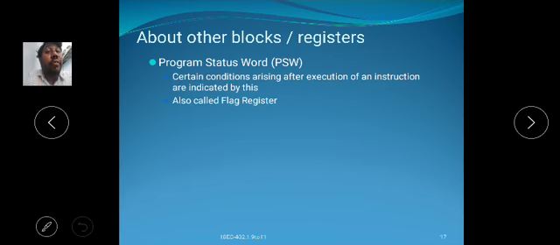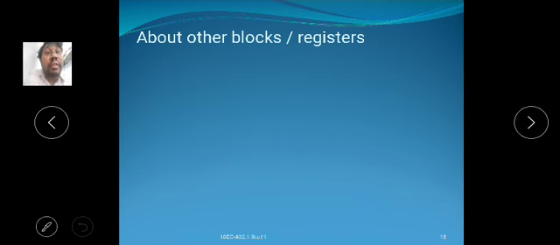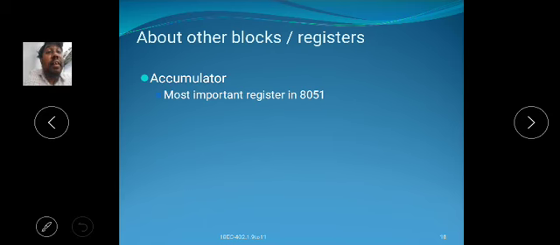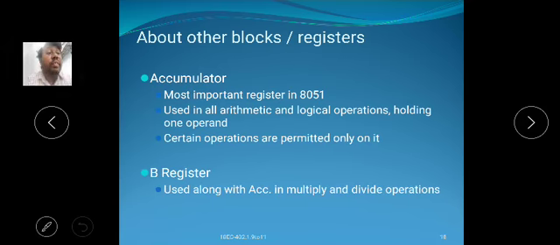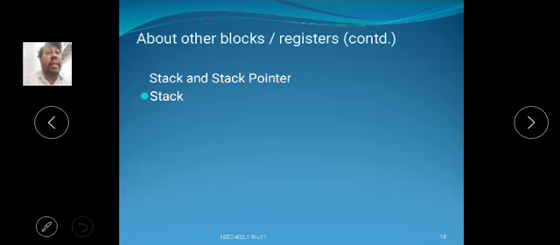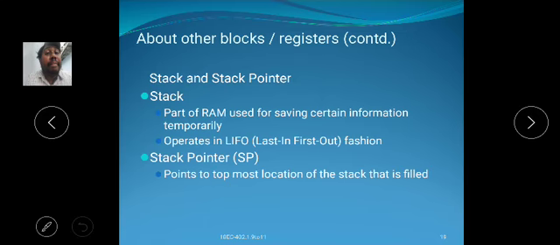After that we have to discuss the program status word, that is the flag register, and the accumulator. The most important registers of the 8051 are the accumulator and the B register, used in multiplication and division operations, and the temporary register like the stack and stack pointer.